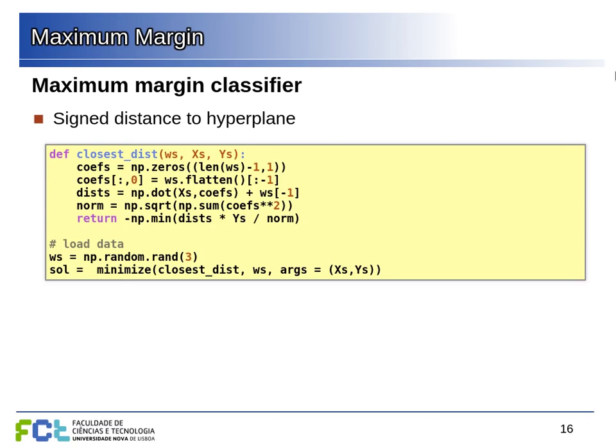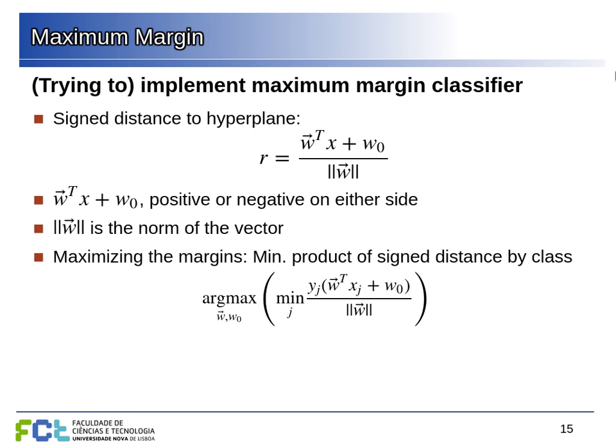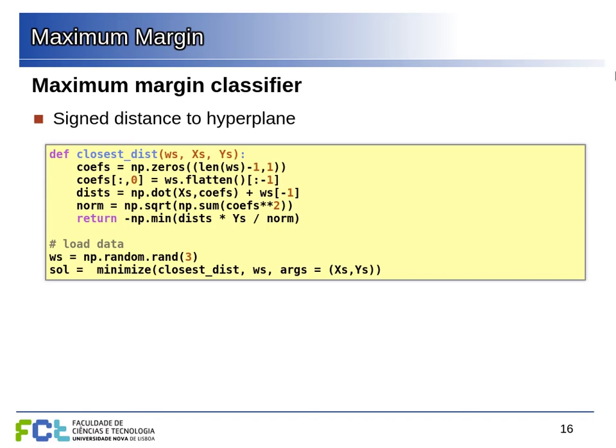Since we want to find the values that maximize this function, but we have a minimization function in our toolkit, we just change the sign there, but the idea is the same. So we are trying to maximize the smallest distance to the point, and this will be maximizing the margin.